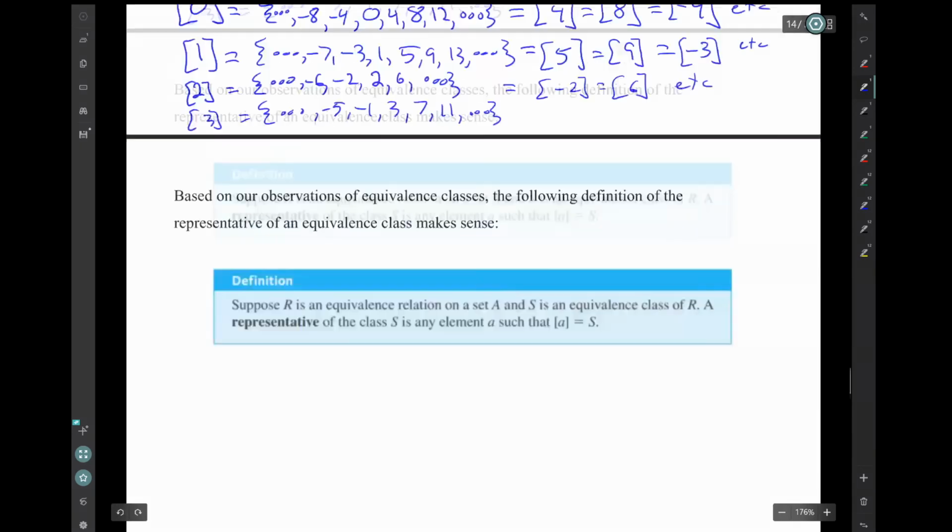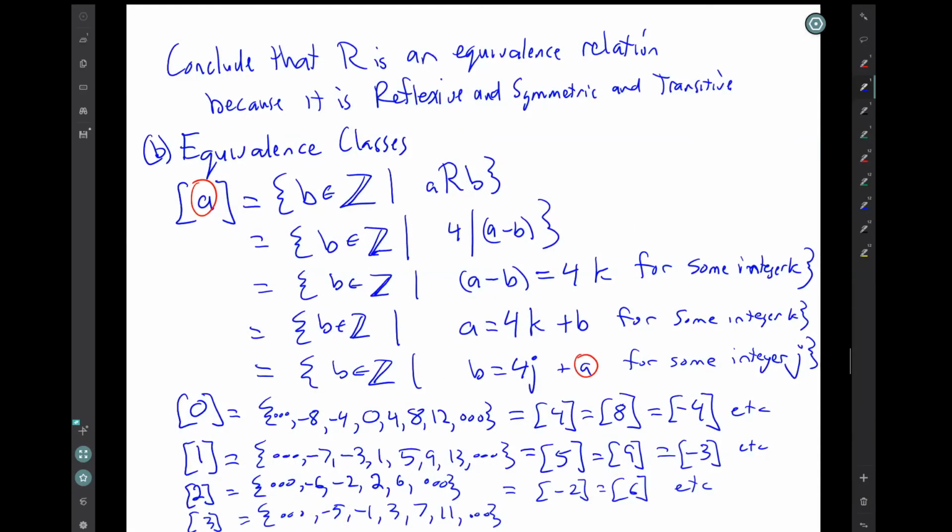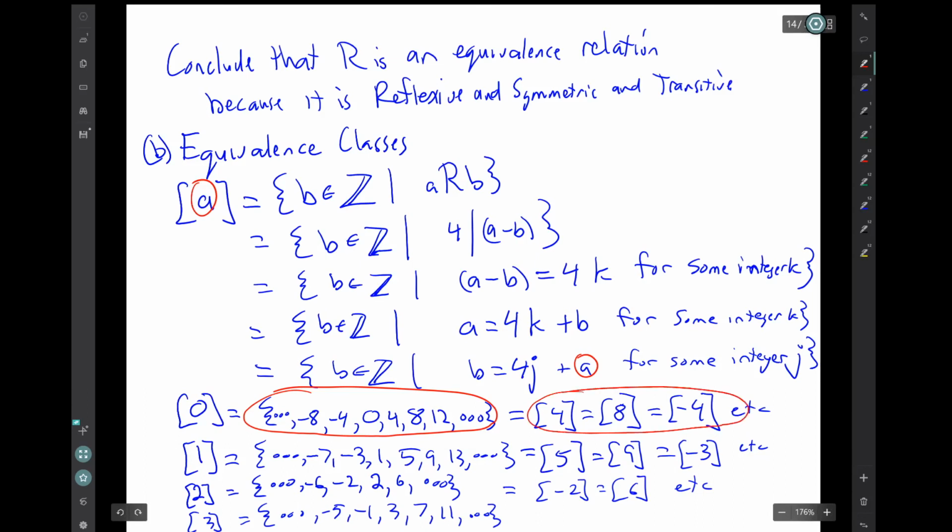So for instance, in this previous example, consider this equivalence class. That equivalence class can be denoted by any of these symbols. So one representative of that equivalence class could be the number 0. Another representative could be the number 4.